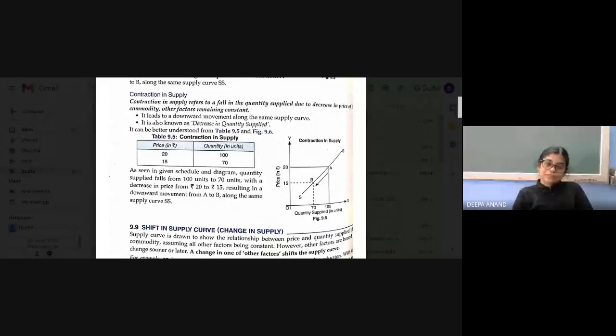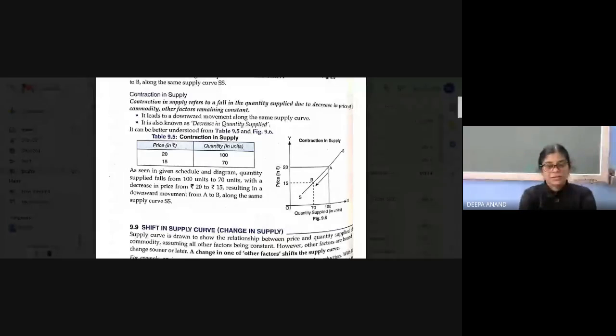What is the reason for shift in supply curve? Ma'am, the supply curve shifts when there is a change in the other factors as well. Exactly. So when there is a change in other factors, what happens?